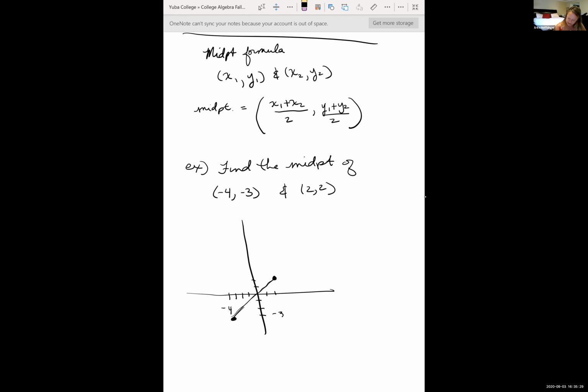And so by this formula, it tells me to sum my x values. So summing my x values, I have -4 plus 2, and then it tells me to divide that by 2. And then it tells me to look at my y values. So we're going to sum my y values. We have -3 plus 2 and divide that by 2.